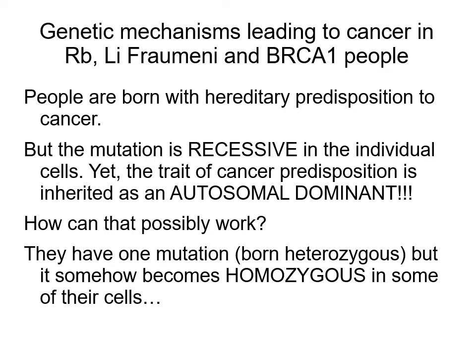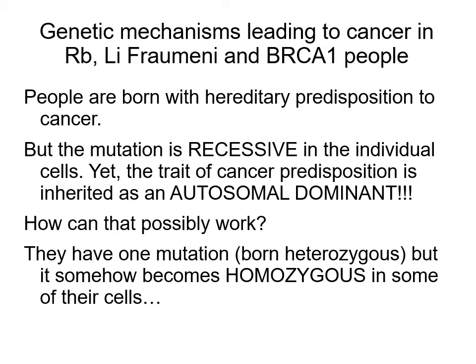Okay, so the important thing to note here is that people that are inheriting the RB, Li-Fraumeni, in fact BRCA1 mutations, those mutations are recessive in the single cells. Like everybody has one normal copy and one mutant copy at the time they're born, and yet the people end up getting cancer.